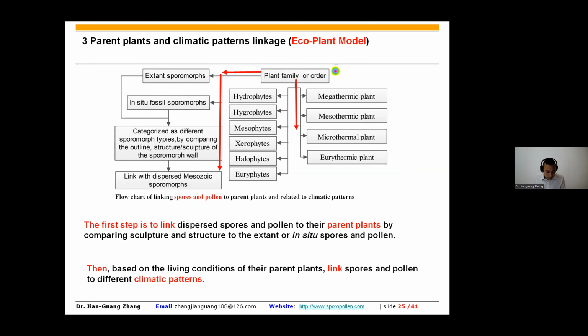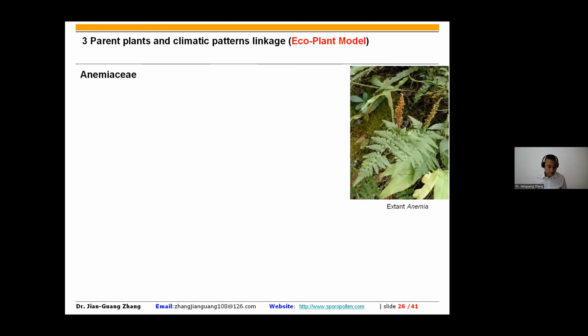Then, based on the living conditions of their parent plants, link spores and pollen to different climatic patterns. Here is an example.